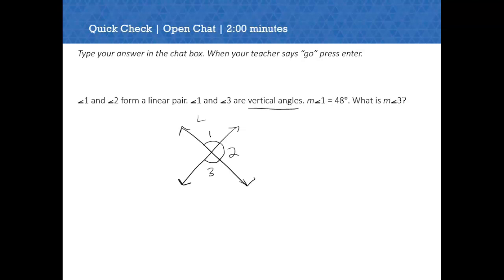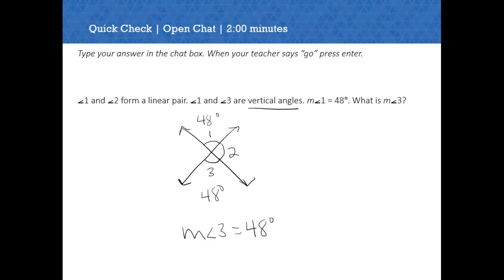This is 48 degrees. The vertical angle directly across is also 48 degrees. Vertical angles have the same measure. So 48 degrees is the measure of angle 3, and that's how you read this notation. The measure of angle 3 is 48 degrees.